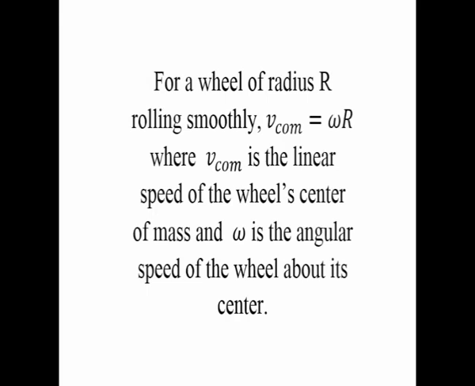So friends, here we come to the end of our discussion in this lecture, and therefore we sum up. For a wheel of radius r rolling smoothly, v_com is equal to omega r, where v_com is the linear speed of the wheel's center of mass and omega is the angular speed of the wheel about its center.